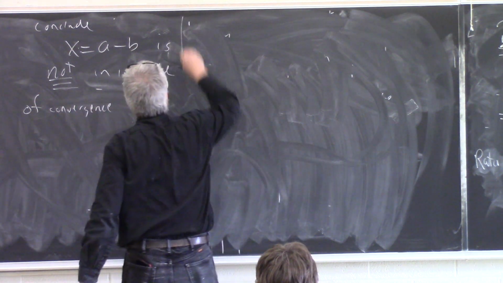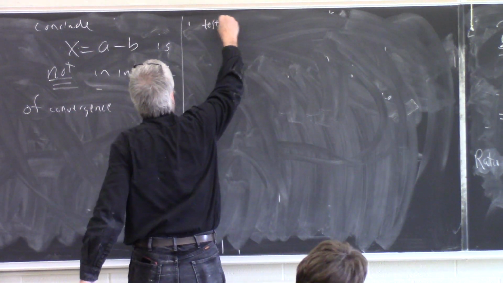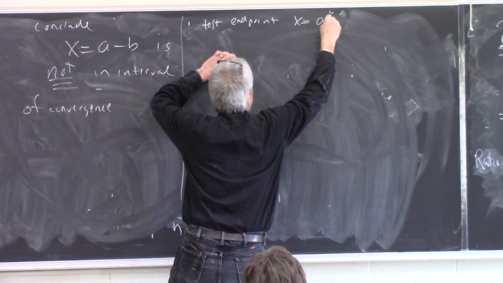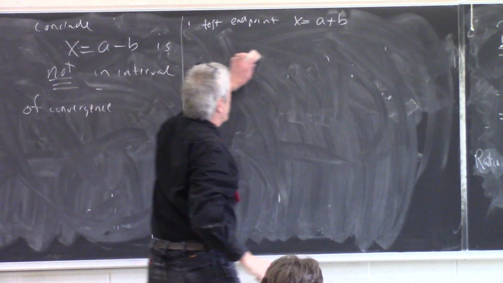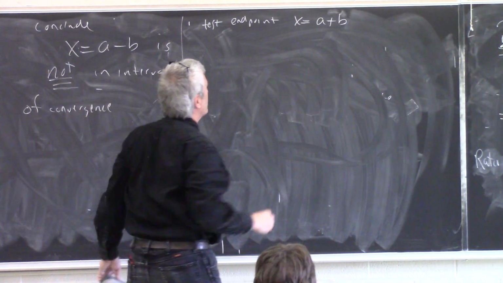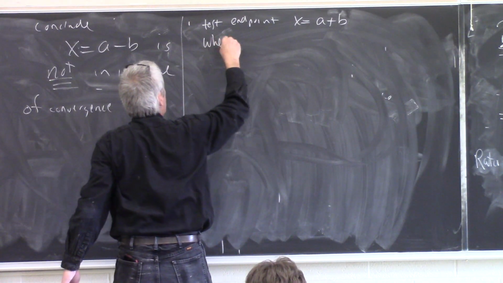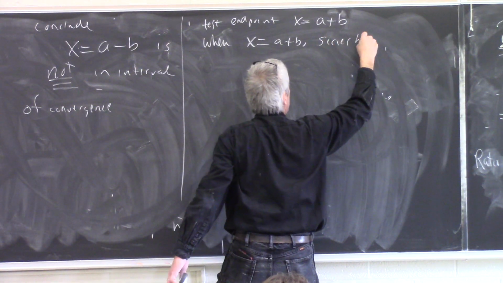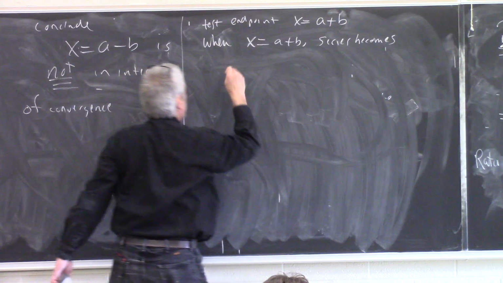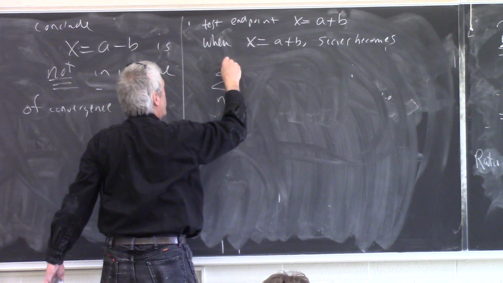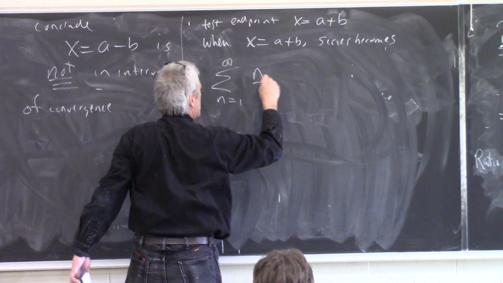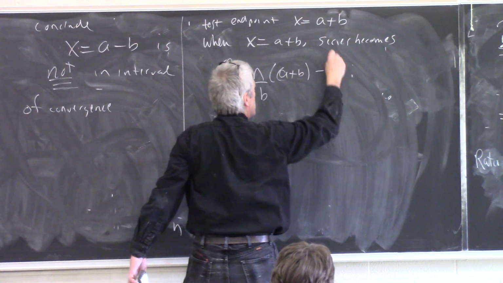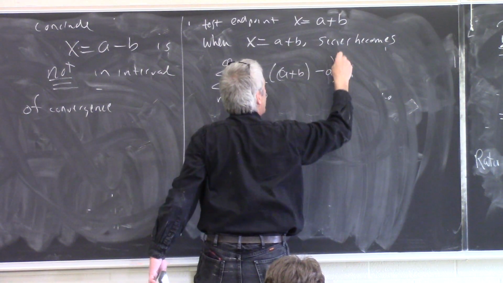All right, now let's test the other endpoint, x equals a plus b, to see if it's in the interval of convergence. So the series becomes the sum as n goes from 1 to infinity of n over b to the n times a plus b minus a to the nth power.